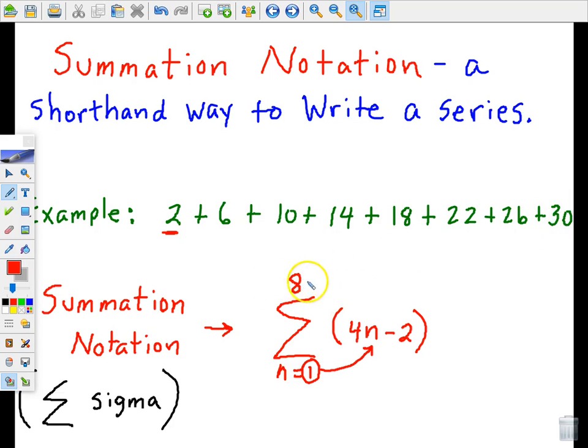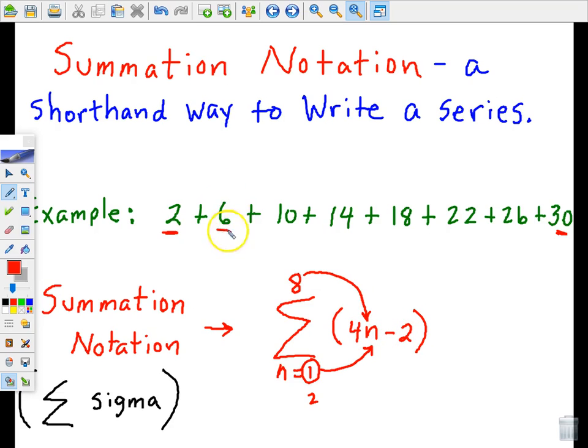Well, to get the last number of the summation notation, I'll just take the top number above sigma, plug it in for n, and 4 times 8 is 32, minus 2 is 30. And then we can come up with all the terms in between. If I wanted to find the second term, for example, I would let n be 2. 4 times 2 is 8, minus 2 is 6.